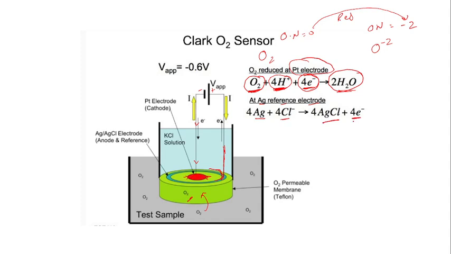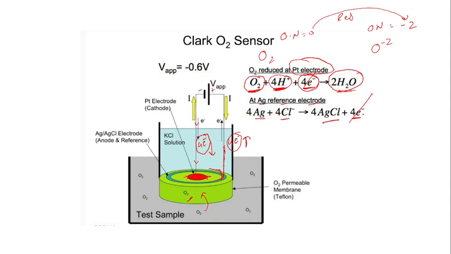It will give 4 electrons. So if you see, 4 electrons are consumed at this electrode, but 4 electrons are produced here. It is consumed here and produced here, so overall it is balanced. The 4 electrons cancel out the 4 electrons, so overall there is electron neutrality.